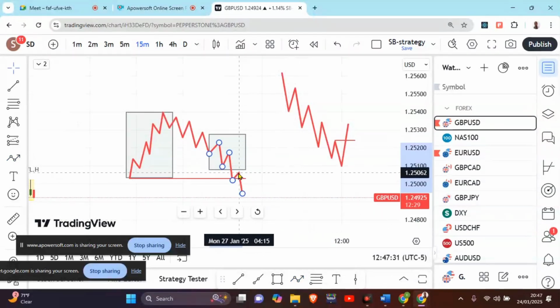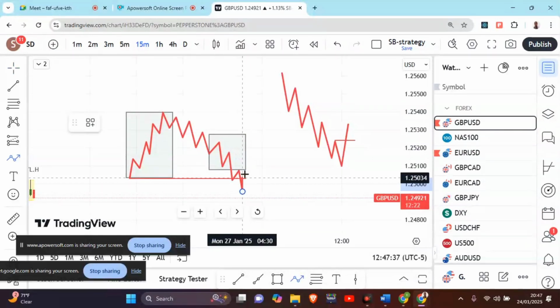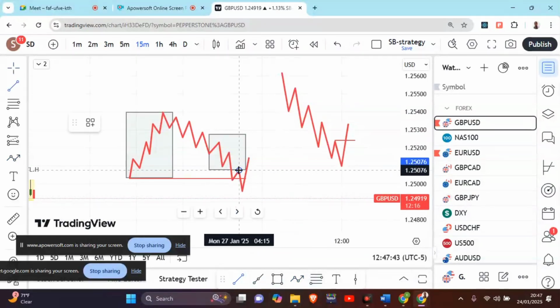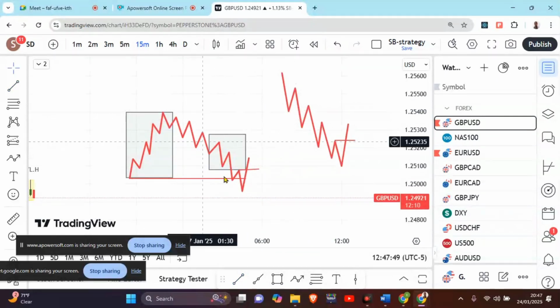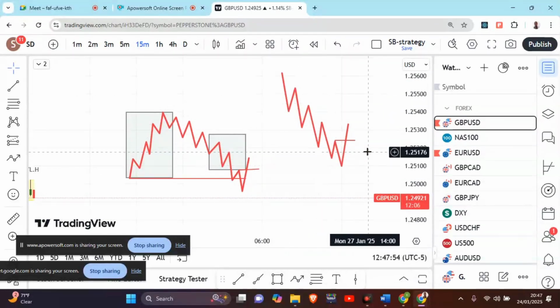So what are you going to use as your confirmation for reversal? The only thing you're going to use as confirmation for reversal is when price comes and closes above this swing high. Because remember, this is a lower high, and a lower high is supposed to keep the market structure intact. This is market structure 101. If you're bearish, you should be making lower low, lower high, lower low, lower high.